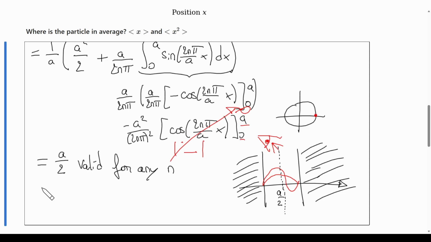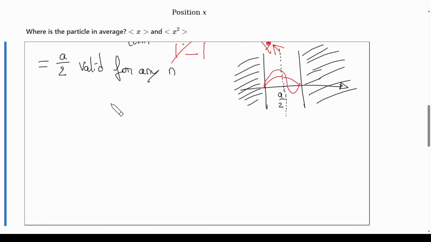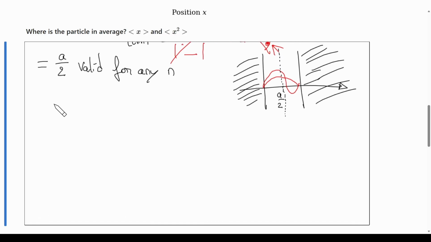But now we ask, in average, what is the spread of these wave functions psi n, of these eigenfunctions? To answer this question, we will compute this time the average of x squared.